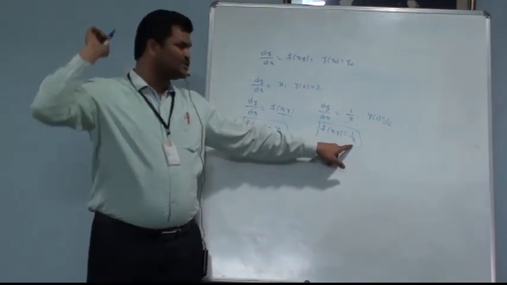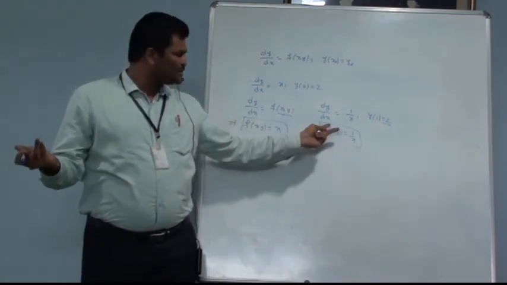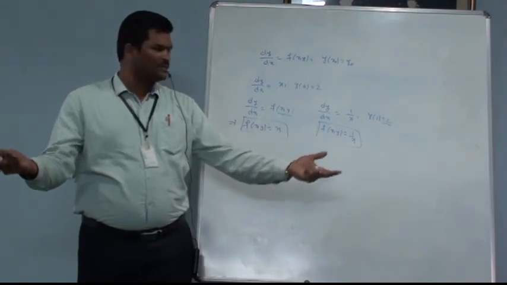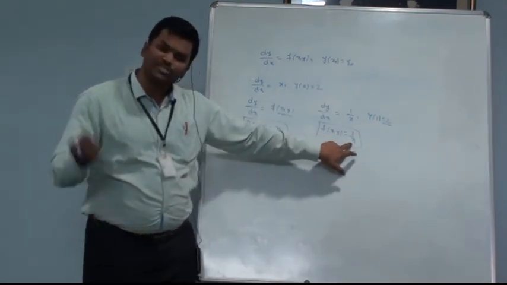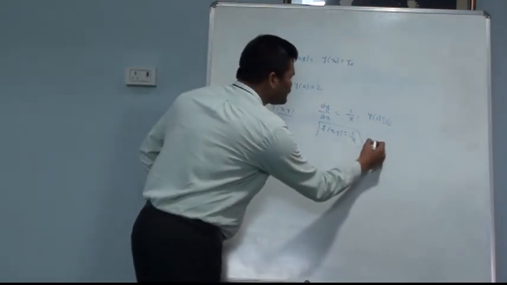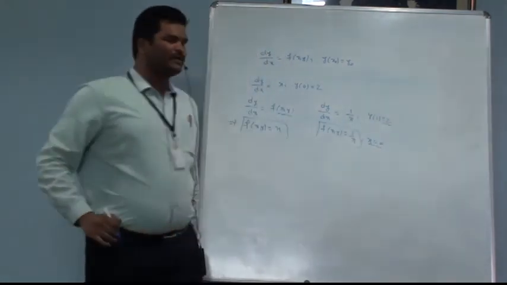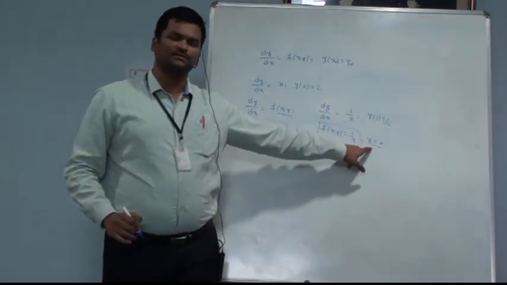When you substitute x is equal to 0, this 1 by x value is infinite. So this f of x, y does not exist when x is 0. The important point is this f of x, y is not defined when x is 0.